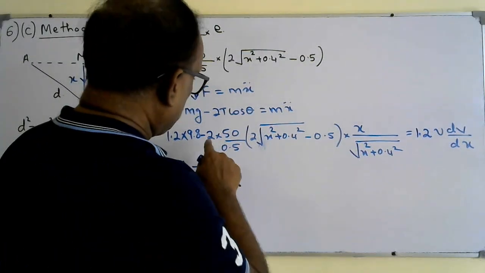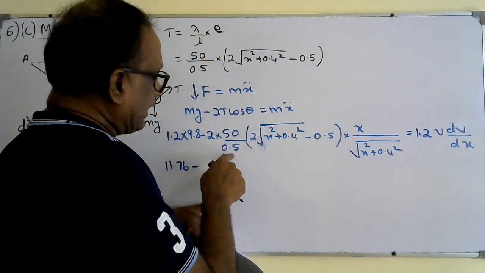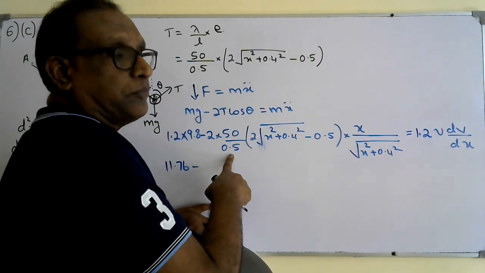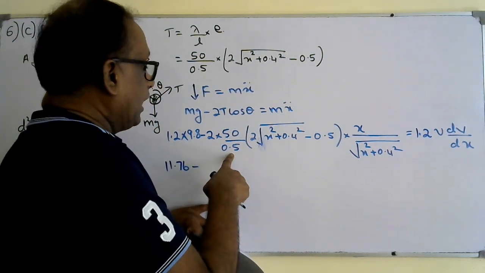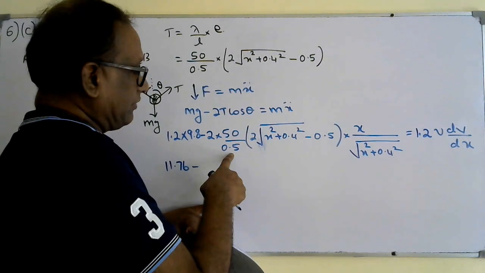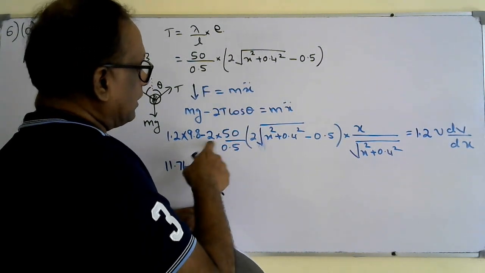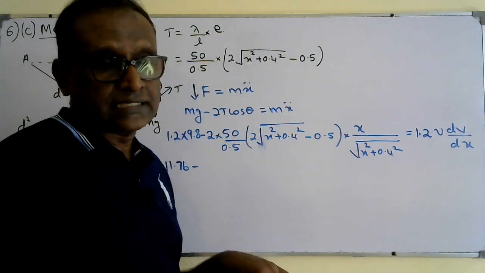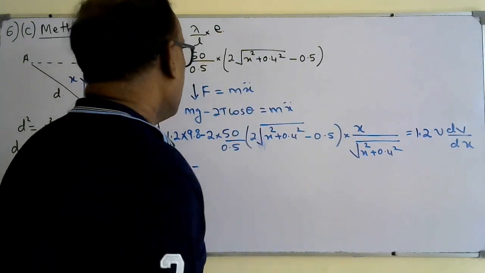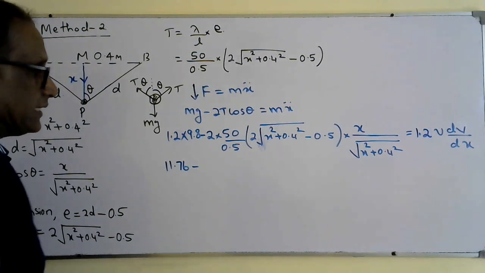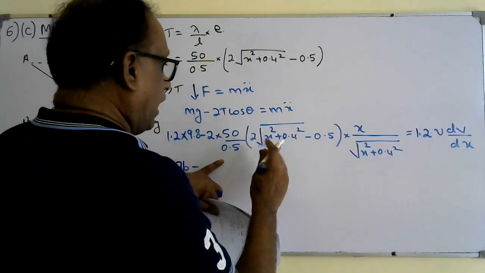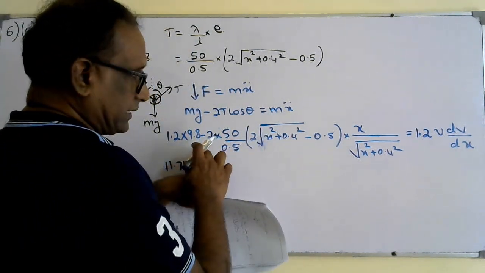When you multiply 2 into 50, that is 100, divided by 0.5, so that is going to be 200. So 200 into 2, that is 400.